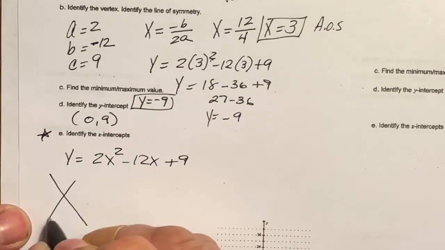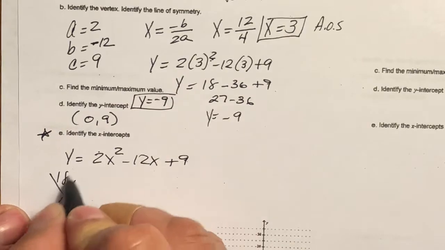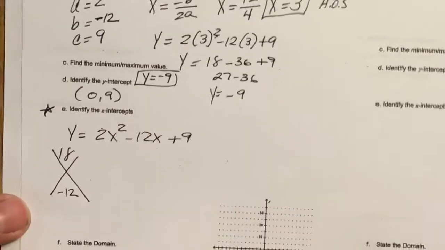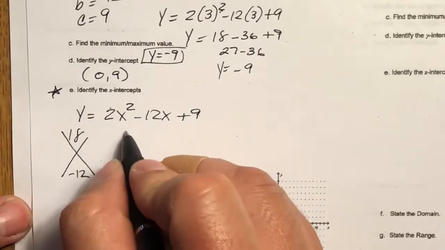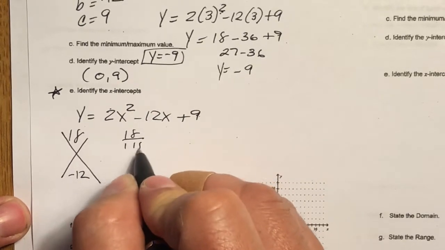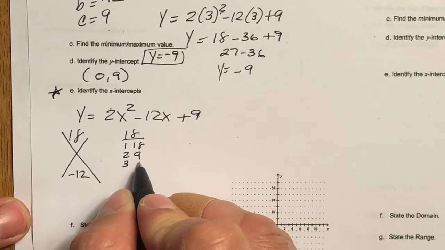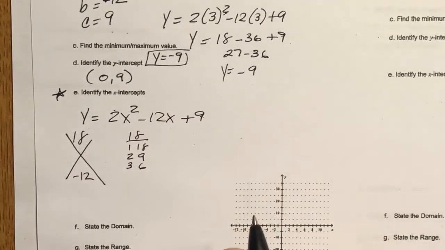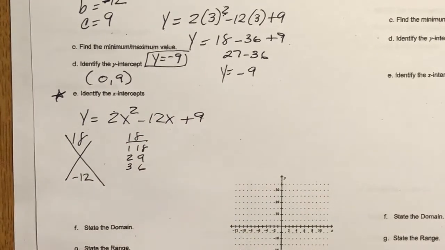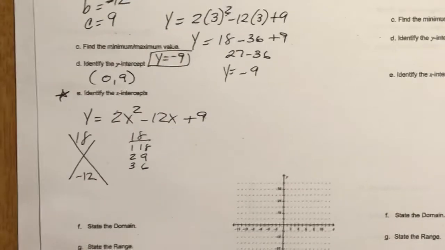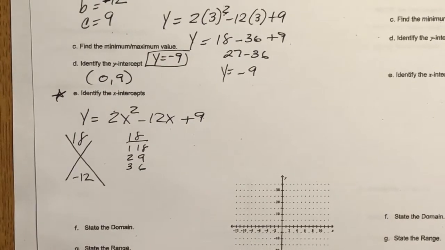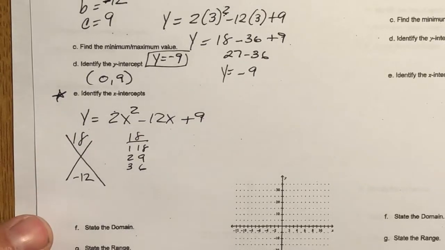Multiply a times c, that's 18. For 18, I have 1 and 18, 2 and 9, 3 and 6. None of those add up to negative 12 or have a difference of 12. So this is not factorable, so we're going to probably have to use the quad formula.